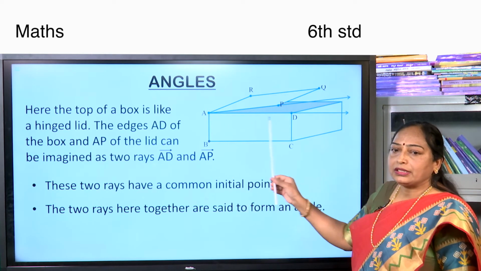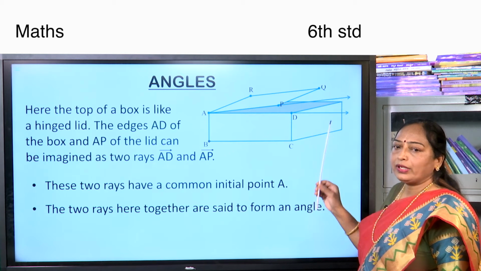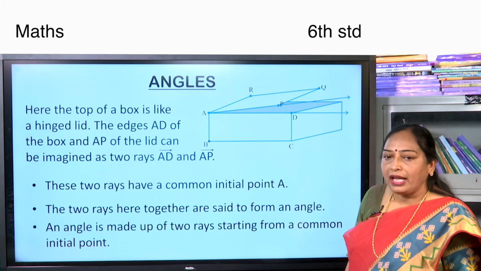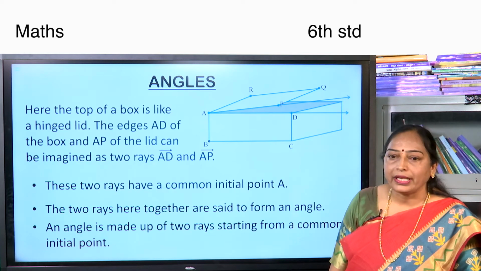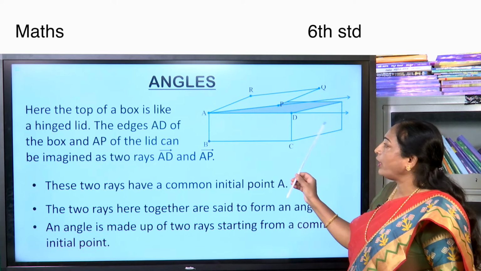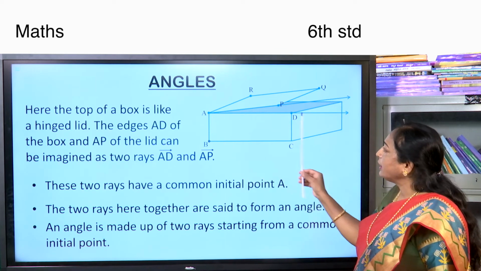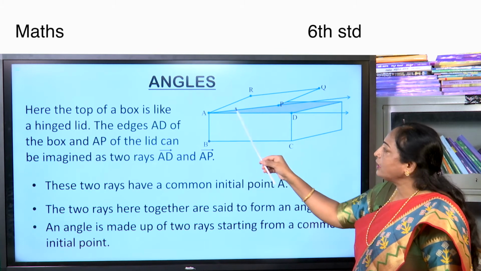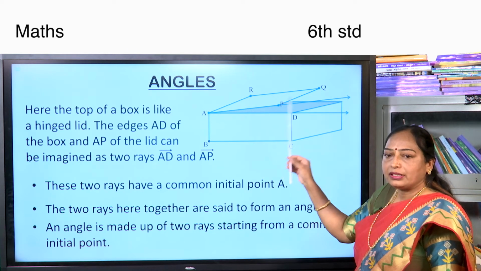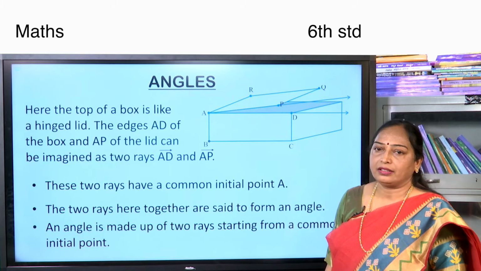The two rays here together are said to form an angle. An angle is made up of two rays starting from a common initial point. Here the rays AD and AP have the common point A. They are said to form the angle.